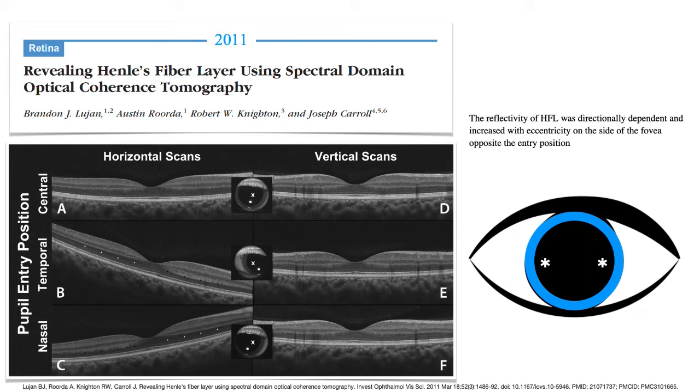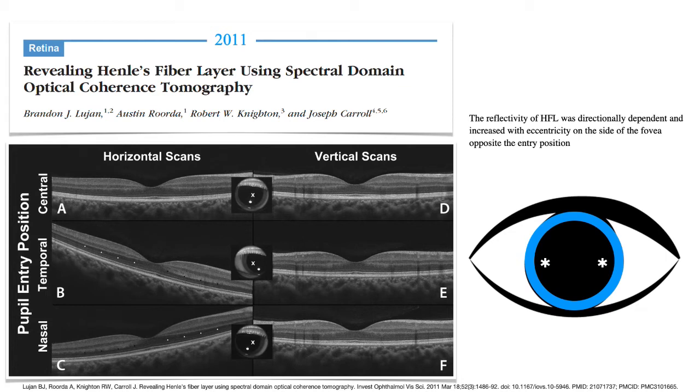In order to visualize the Henle fiber layer, we need to do a small trick. So we need to change our acquisition pattern. In fact, the reflectivity of the Henle fiber layer directly depends on, and of course increases with, the eccentricity on the side of the fovea opposite to the entry position.